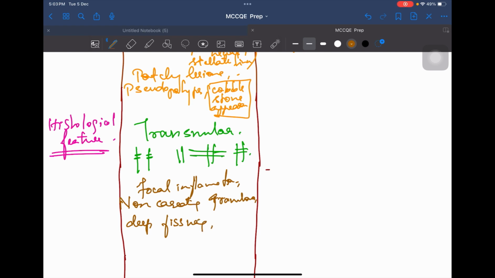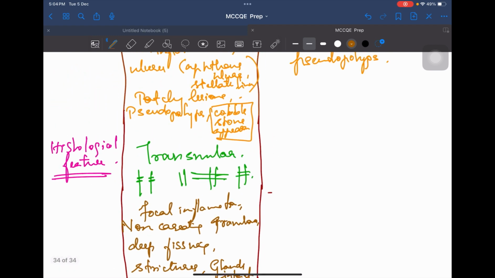Okay, whole in the sense WHOLE. Whole of the wall. So there will be fissuring, abscess, ulcerations, and strictures might be present. But one thing is, glands will be intact. Glands will be intact in case of Crohn's disease.